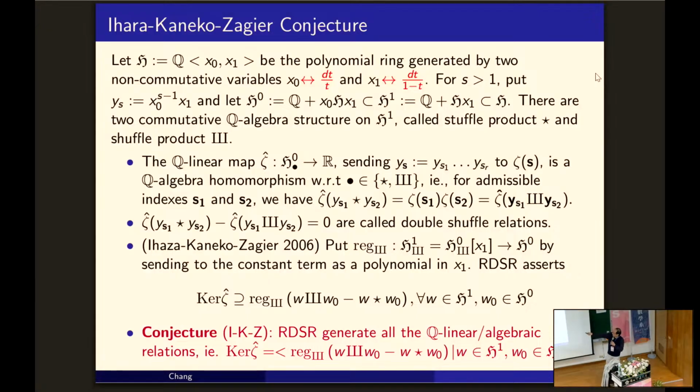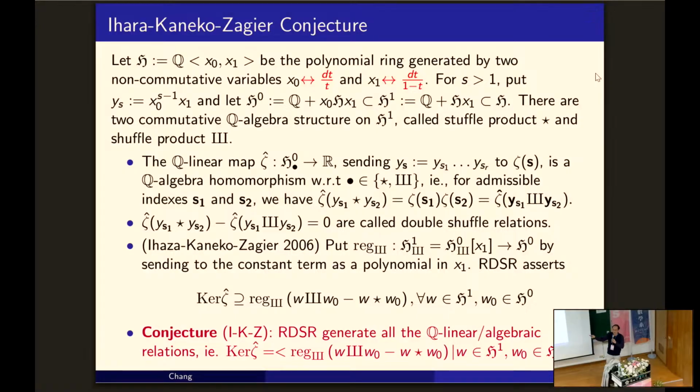We have the so-called product notations: star is the stuffle product and sharp is the shuffle product. We just expand the product of two MZVs in two different ways. One is using iterated integrals, put into an abstract form; it's called the shuffle product.